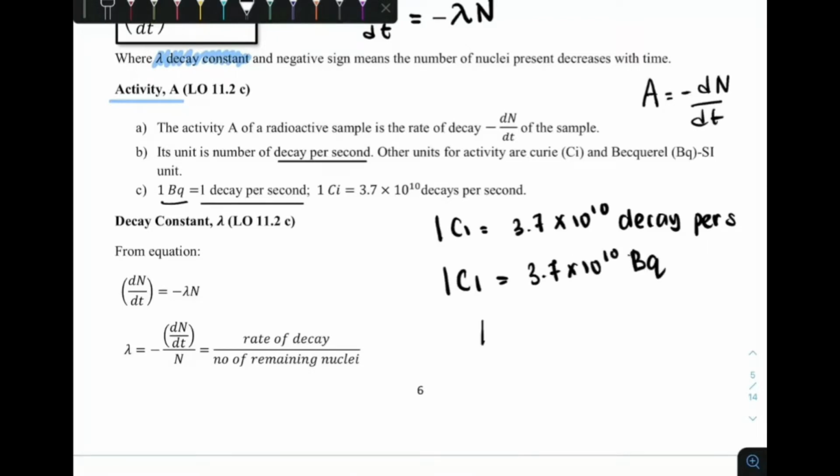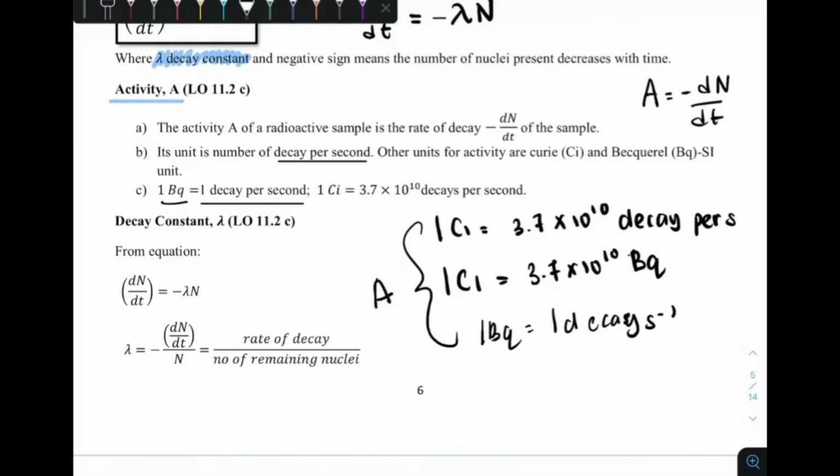Okay, sebab 1 becquerel sama dengan 1 decay per second. Okay, 1 decay per second sama dengan 1 becquerel. So bila 1 curie sama dengan 3.7 eksponen 10 decay per second, 1 curie juga sama dengan 3.7 darab 10 kuasa 10 becquerel dekat sini. So ini semua adalah unit yang kita akan guna untuk activity.